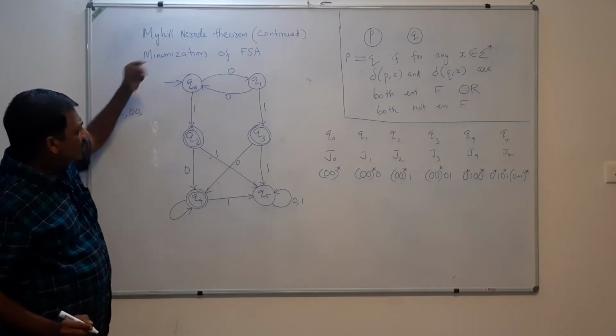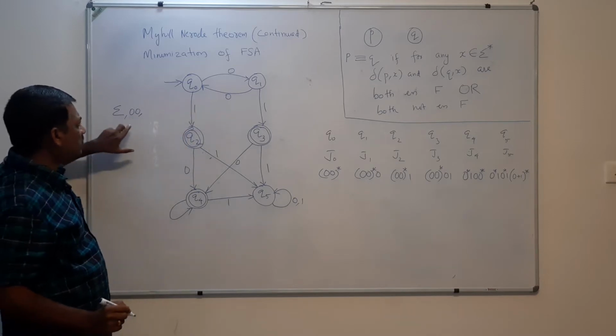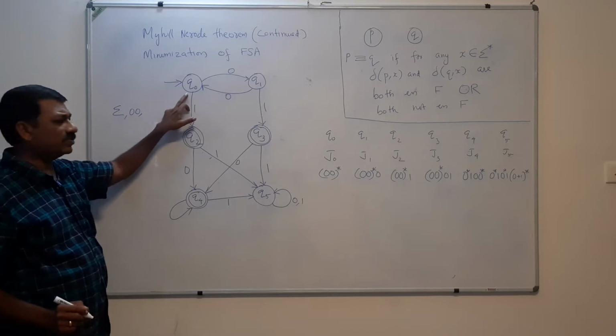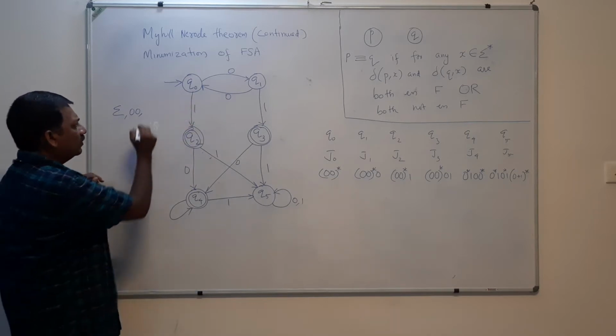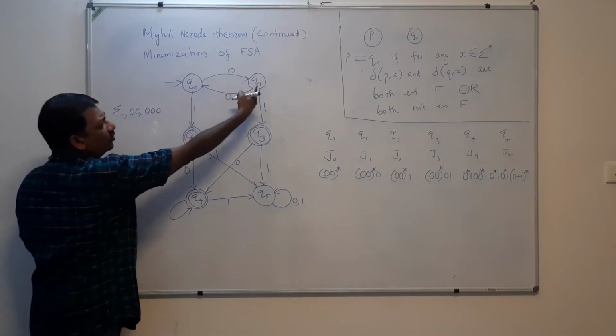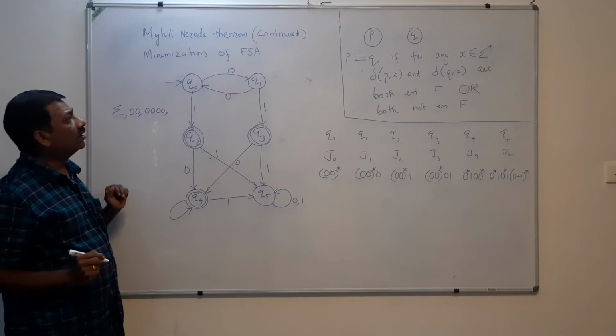After 0 0, on the next 0 you go to Q1, and on the next 0 you come back to Q0.